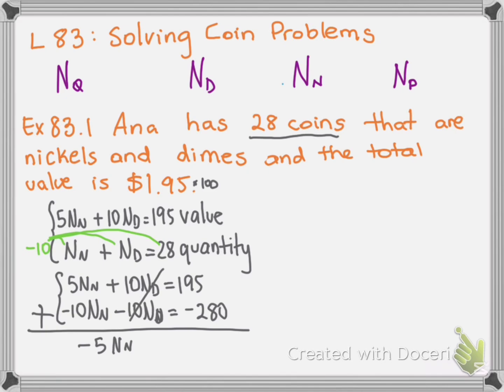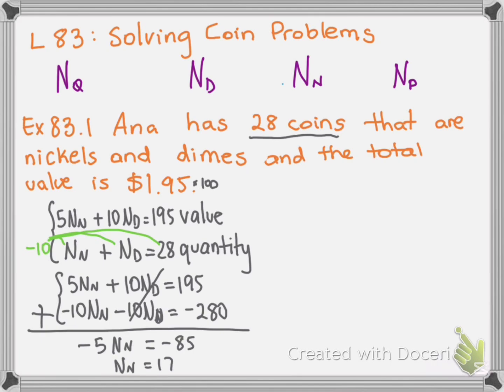They cancel each other. If we subtract 195 minus 280, the answer is -85. Now to get rid of that -5, we have to pass it to divide. And if we divide -85 divided by -5, the answer is +17. So the number of nickels is 17.